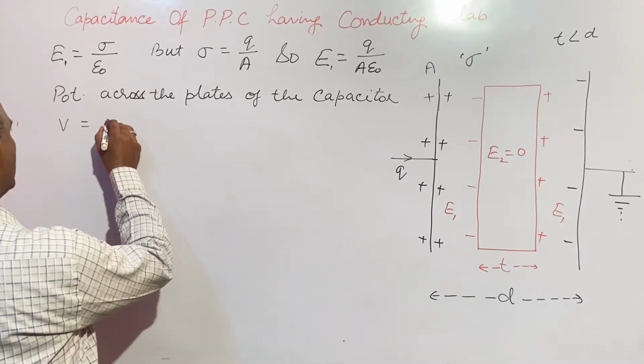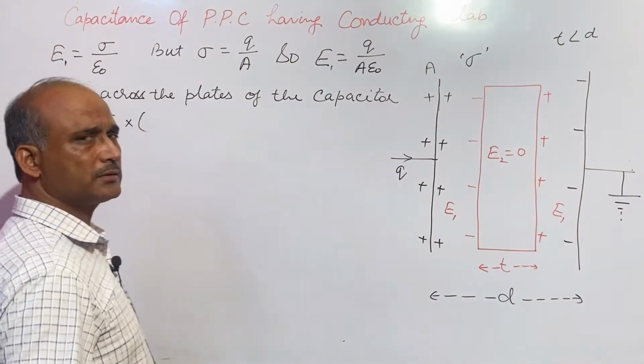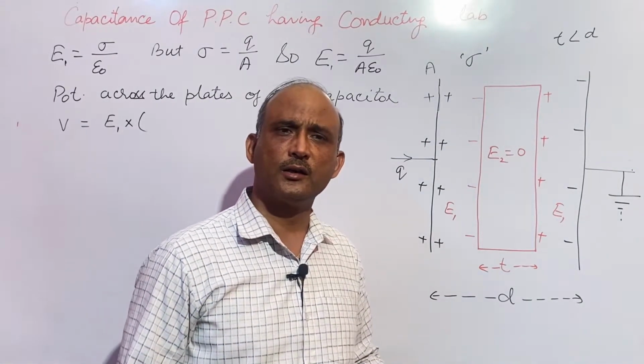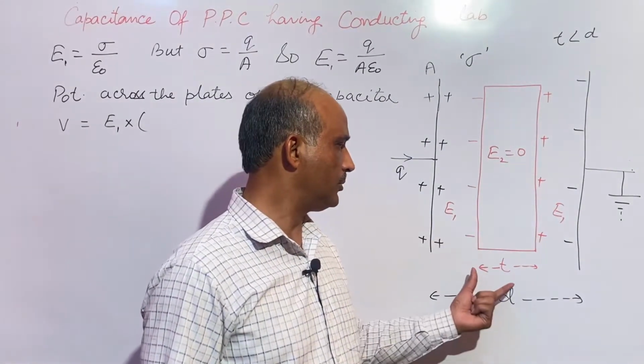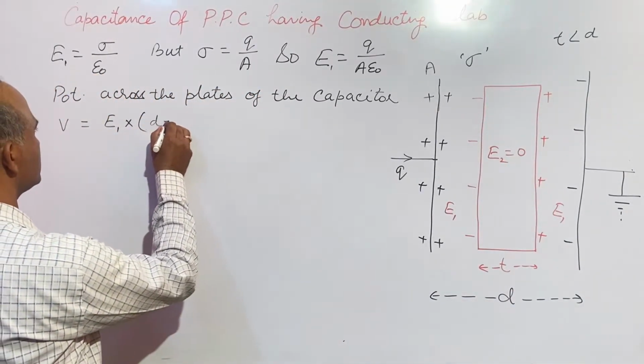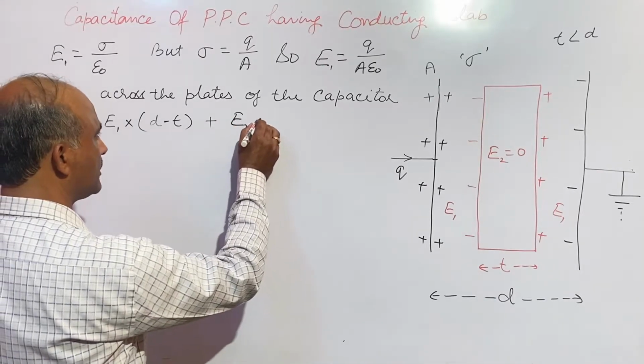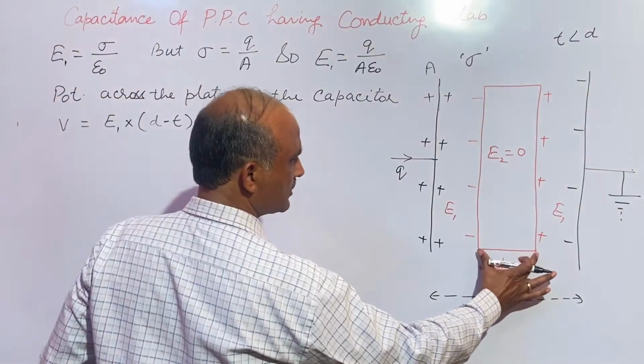So, E1 into the distance up to which the electric field E1 works, it will be d minus t, plus E2 up to the distance t.